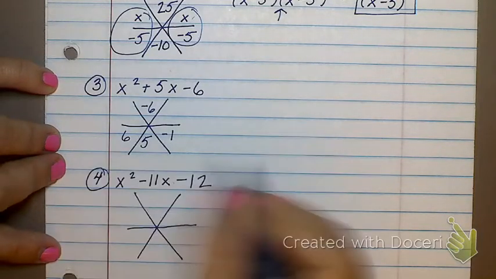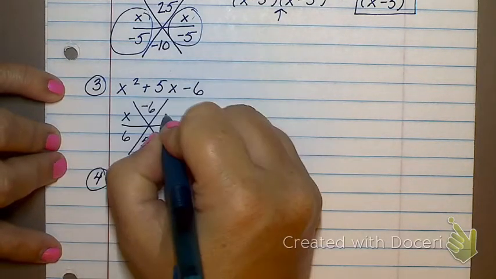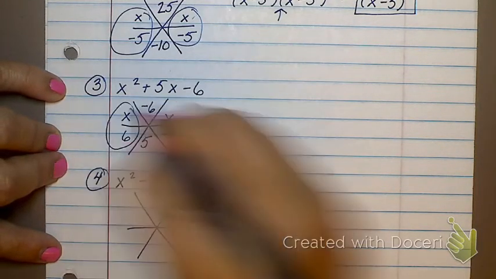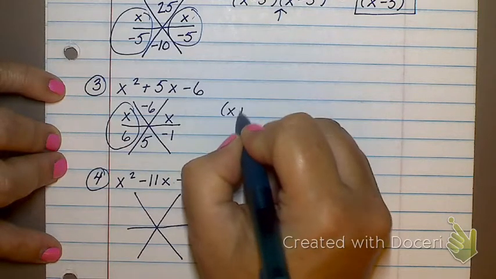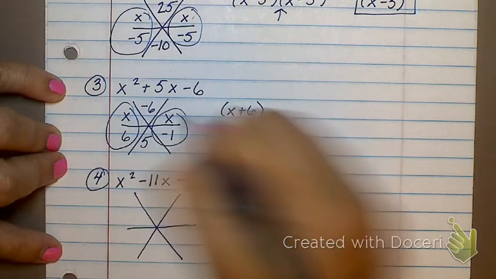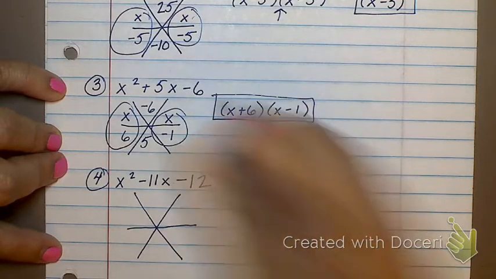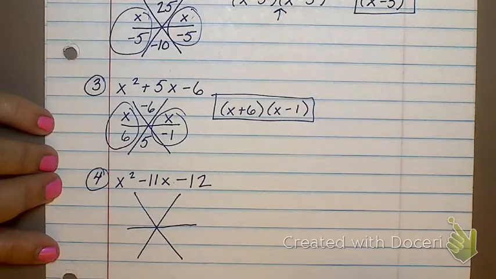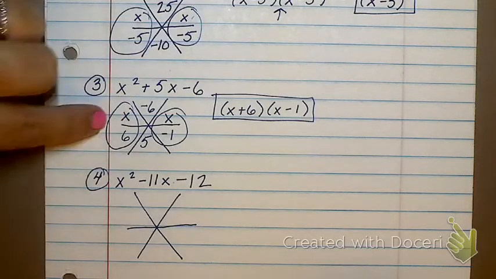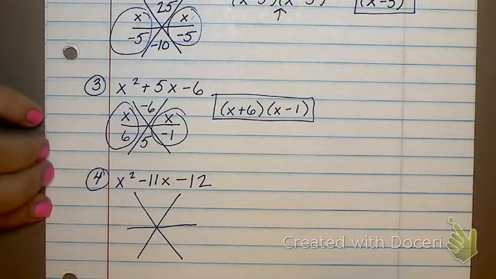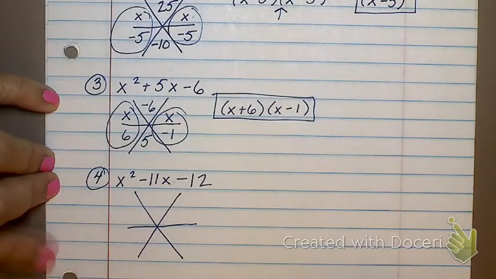This is the only one that will work. 1x and 1x, so I have x plus 6 and x minus 1. I tried to keep today's relatively simple so that we don't have too much reducing going on, and then tomorrow we'll have the reducing ones.